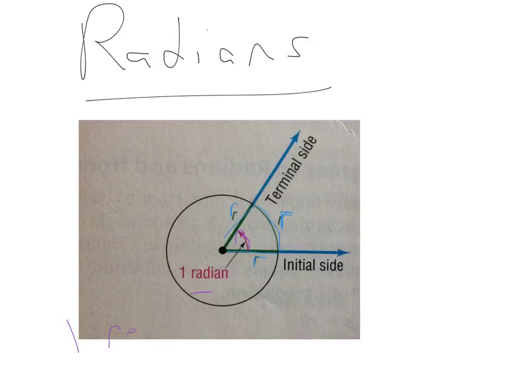And we can say that 1 revolution around the circle in a counterclockwise manner is equal to 2 pi radians.